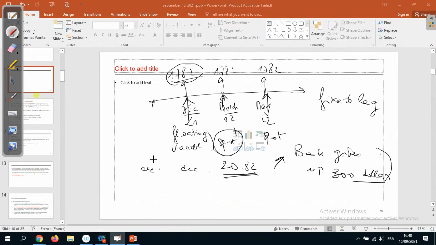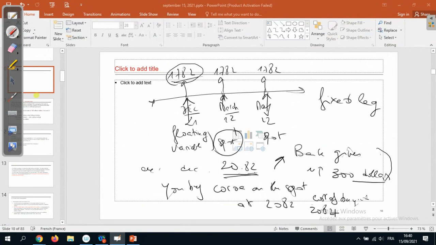And what do you do? You buy cocoa on the spot market because you are a chocolate producer, at 2,082. And your buying price is that. And finally, the cost of buying is: you pay on the spot, you receive $300 from the bank, so your price is 1,782.